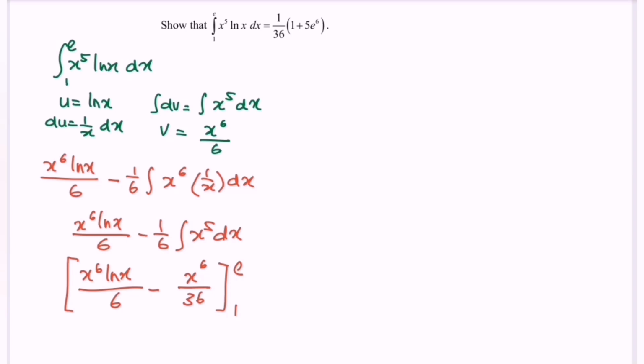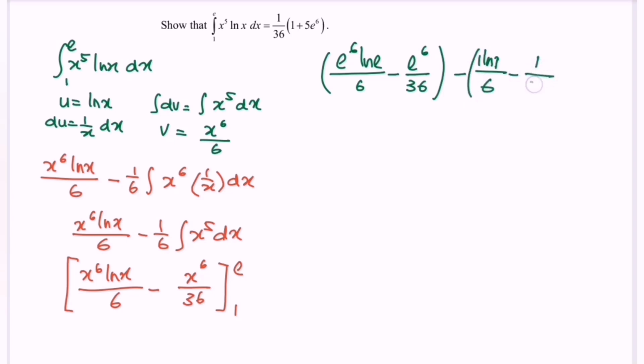So kindly substitute. We have e to the power of 6 ln e over 6 minus e to the power of 6 over 36. If we substitute 1, we have 1 ln 1 over 6. So notice that this one becomes 0, minus 1 over 36. So kindly rewrite the situation. In here we will have 1, in here we will have 0.